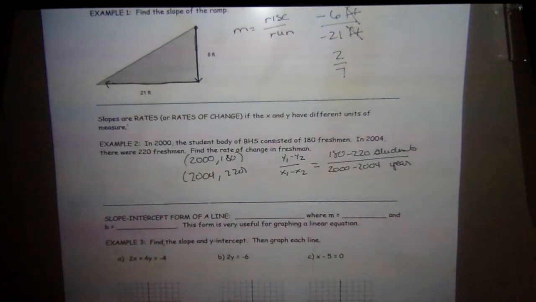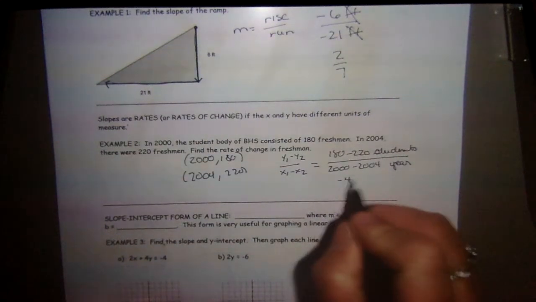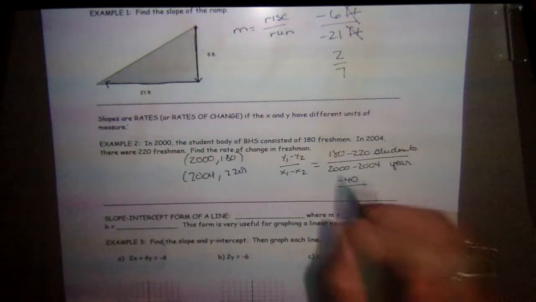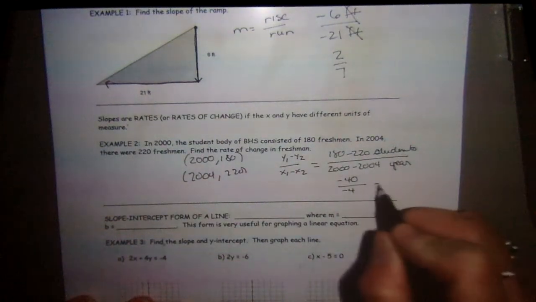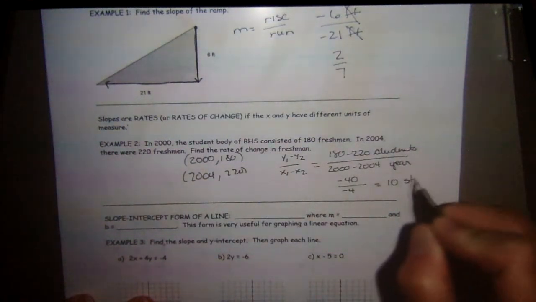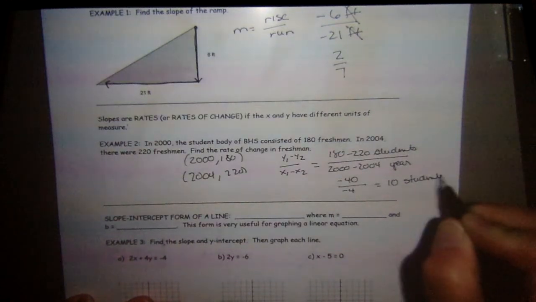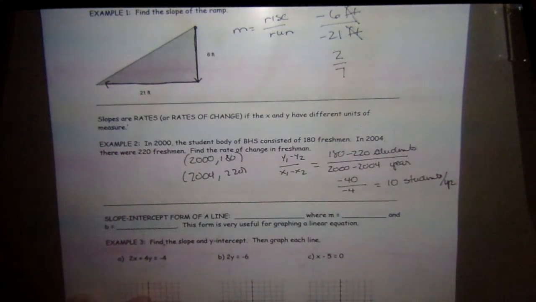So 180 minus 220 is negative 40. 2000 minus 2004 is negative 4, which gives us 10 students per year.